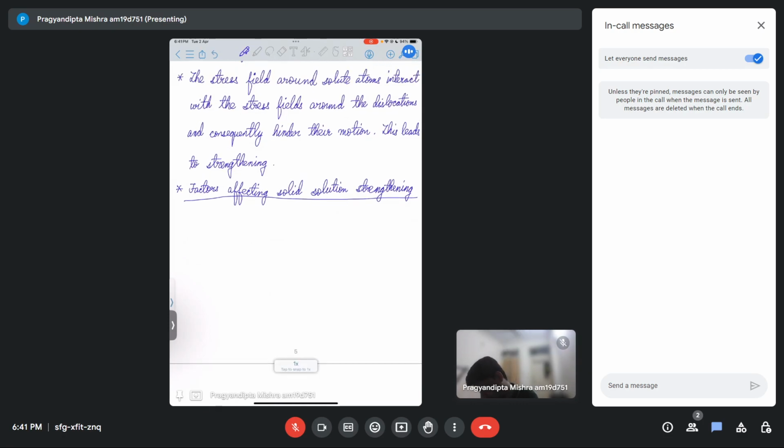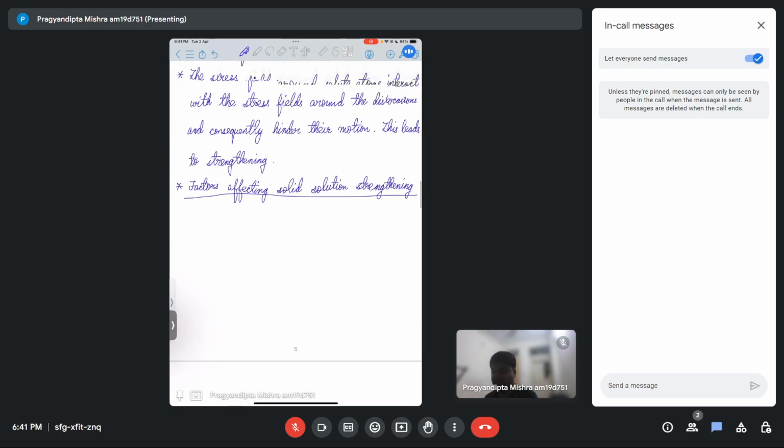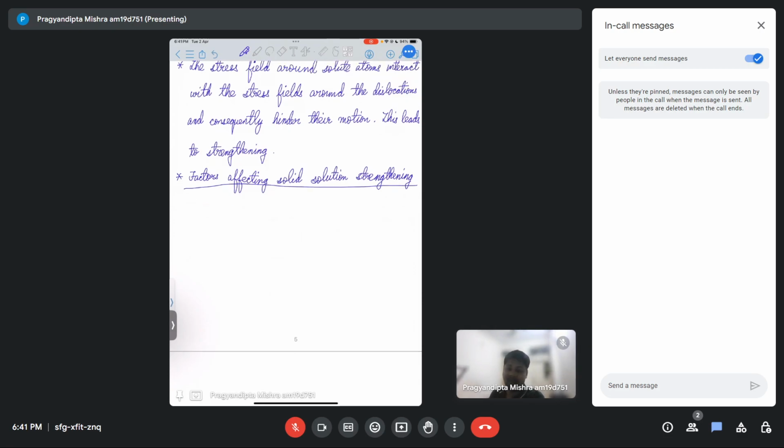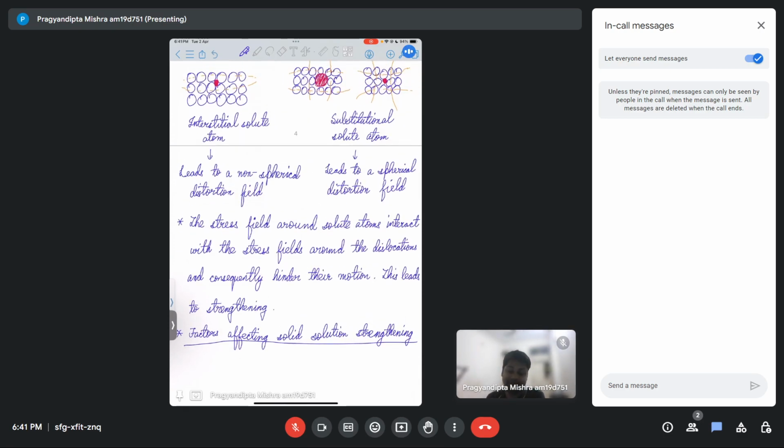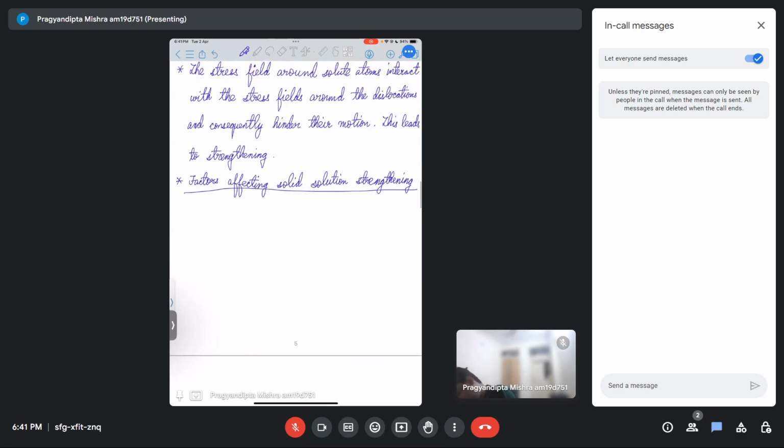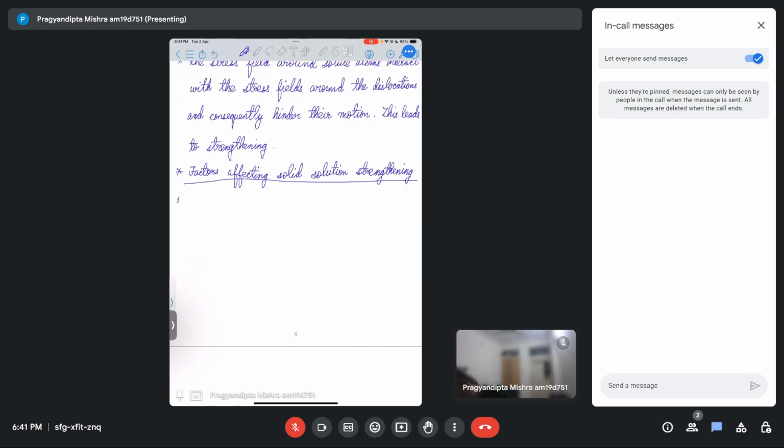First factor, which is a very obvious thing from the diagrams that we have drawn here, the size of the solute atoms. That will have a direct effect on the solid solution strengthening, because the more the size difference, the higher the strengthening.